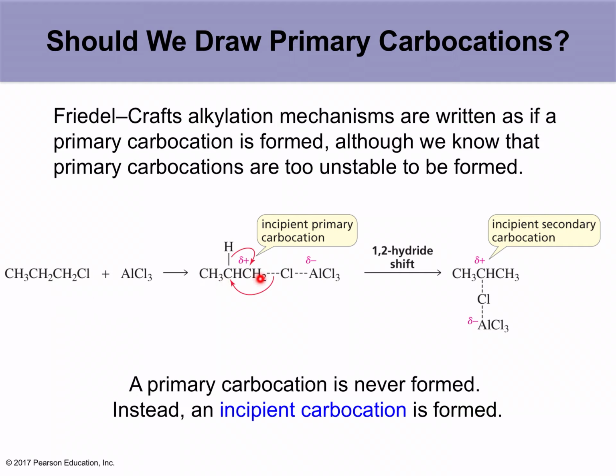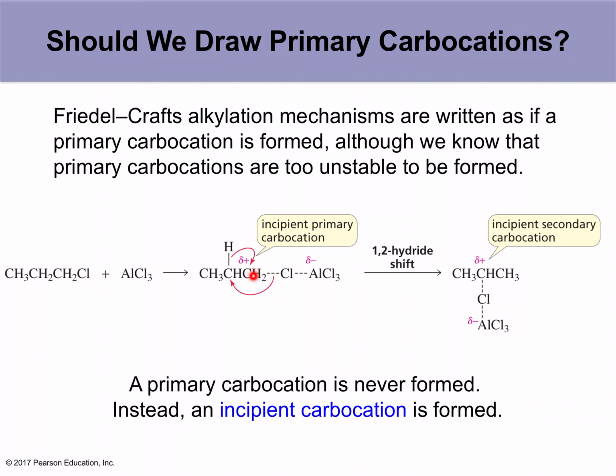There is a bond between this carbon and chlorine, and a bond between chlorine and the aluminum group. If it completely formed the AlCl4 minus complex, this would be the primary carbocation. Instead of making that complete breaking, once this complex is being formed, this carbon carries a partial positive charge. And during this time, the adjacent hydrogen will shift to this carbon.